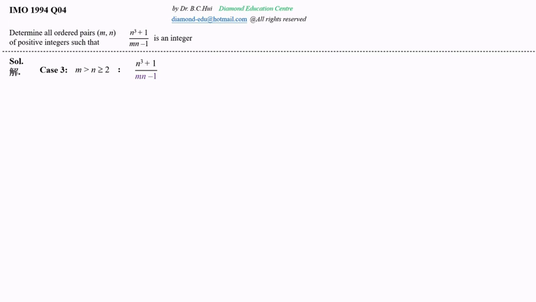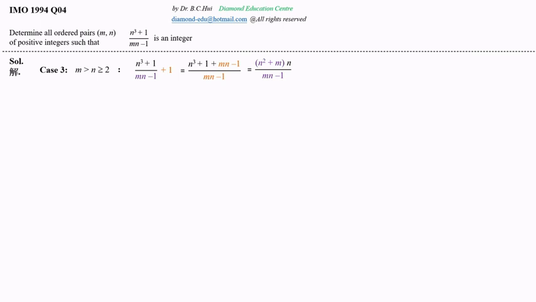Now, one observation is this. We have mn minus 1 in the denominator. If we put plus 1 to this quantity, then the denominator could be moved up to the numerator.